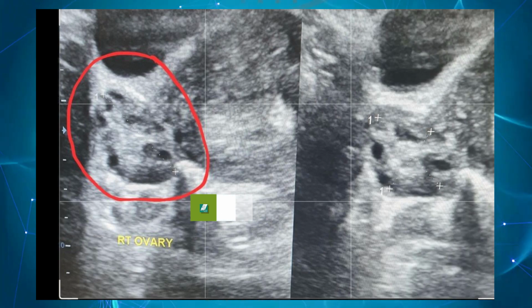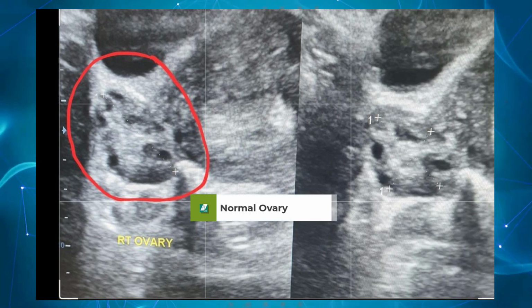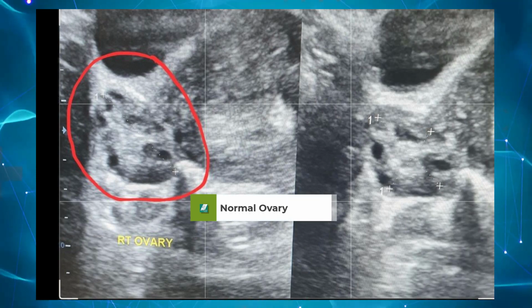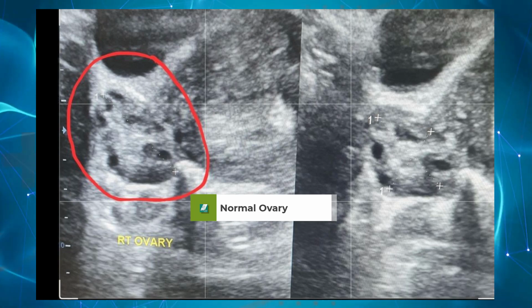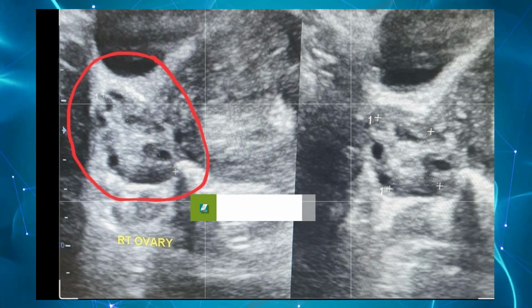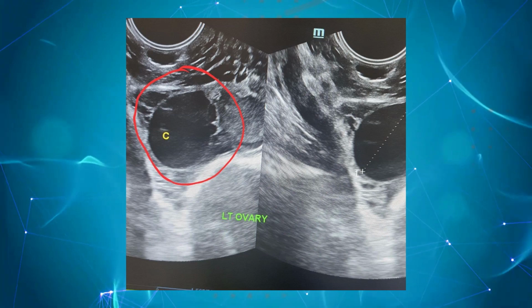So what are we going to see on ultrasound? If it's a normal ovary, we'll see the follicles, we'll measure the size, and the size is going to be fine. But if there's a cyst, we should be able to see a hypoechoic lesion in the ovary, and we'll measure the size to see how big the cyst is.